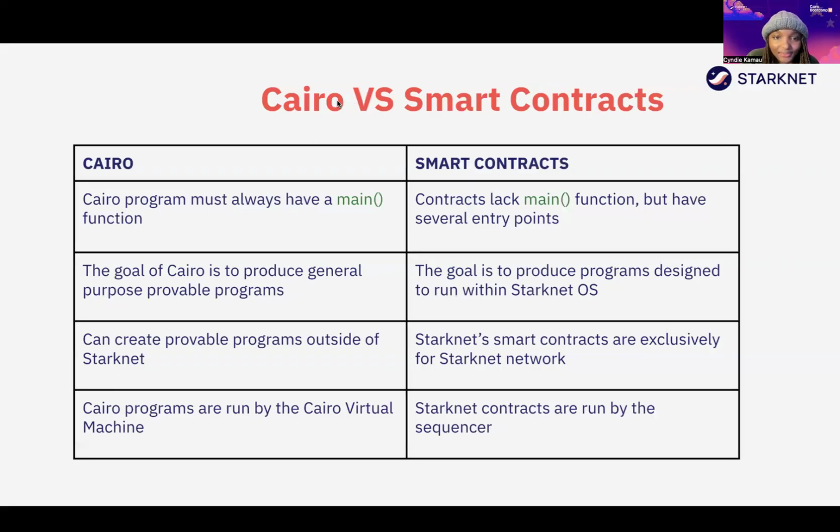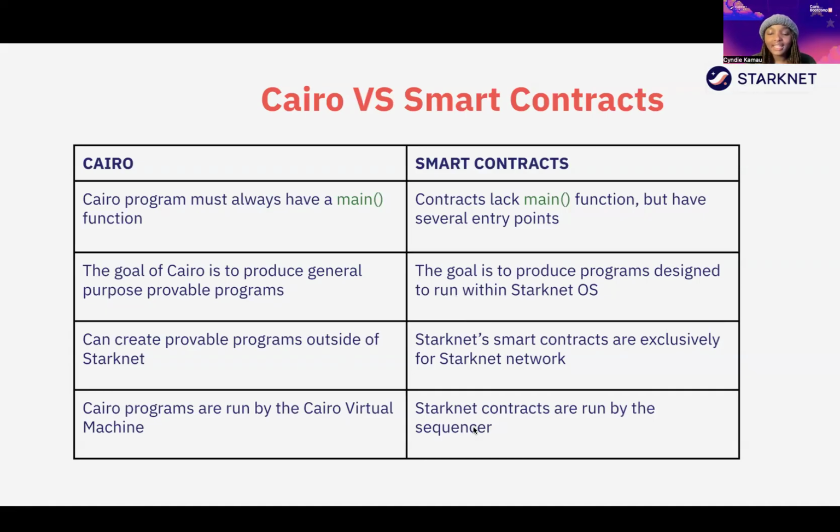And finally, most Cairo programs are normally run by the Cairo virtual machine, but you'll also see on the website where I've tried to make a visual description that when you write a Starknet contract, it's processed by the sequencer, right? Do you remember when we were talking about the architecture of the sequencer, where we started with the mempool, then the sequencer, then the prover, and then the verifier, right?